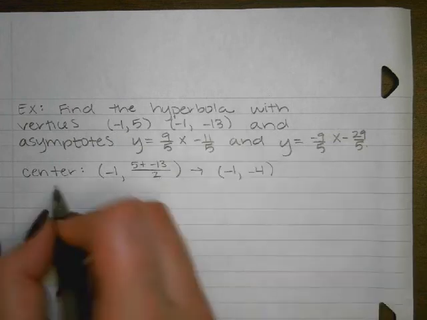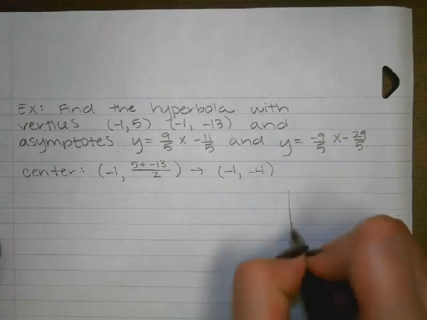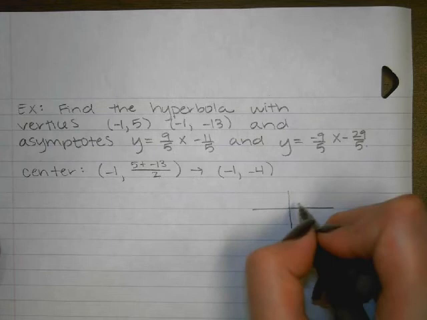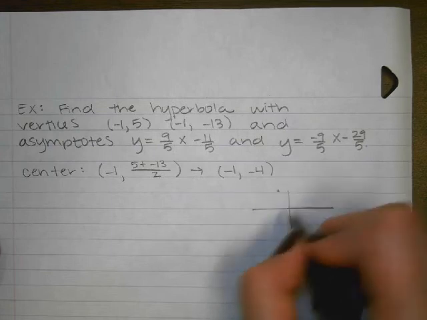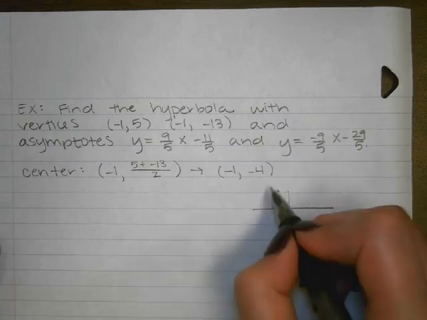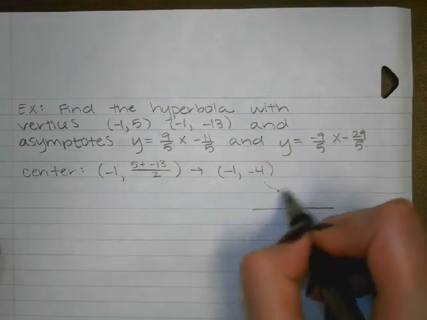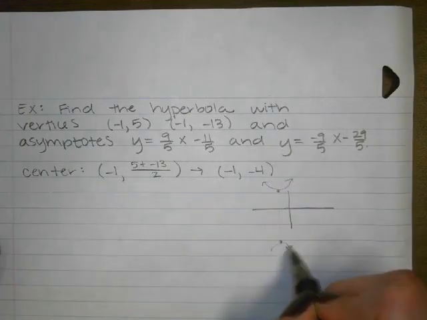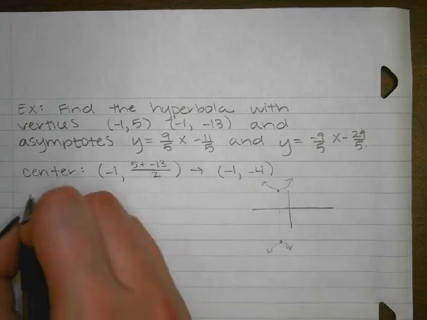Again, if I draw a little sketch of this to see what the orientation of this curve is, I've got left one up 5, left one down 13, and those are my vertices, and so that means that my curves are going up and down like this. So that means we're starting off with a y.